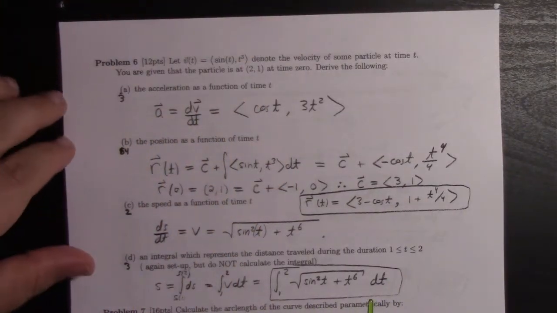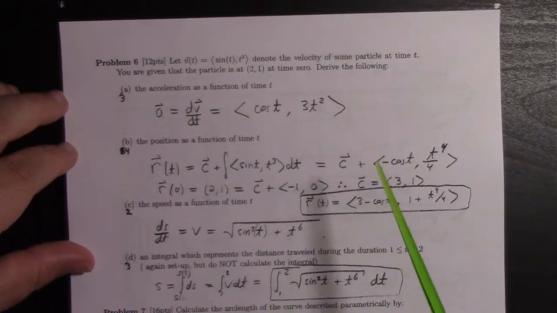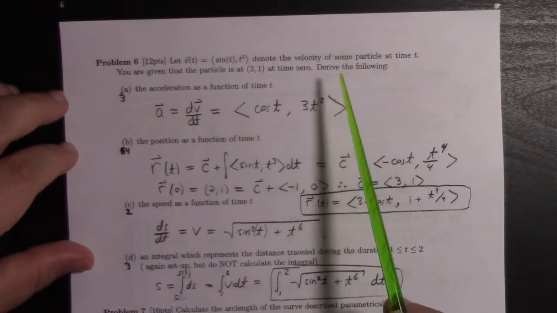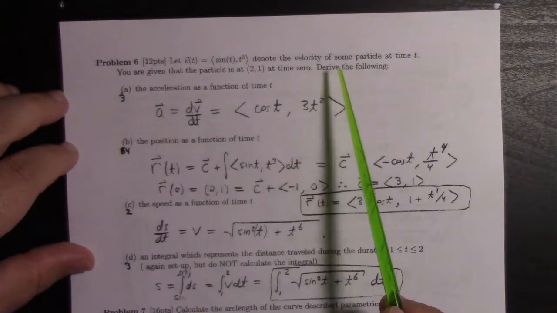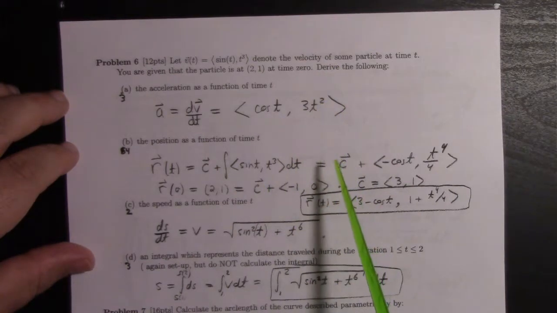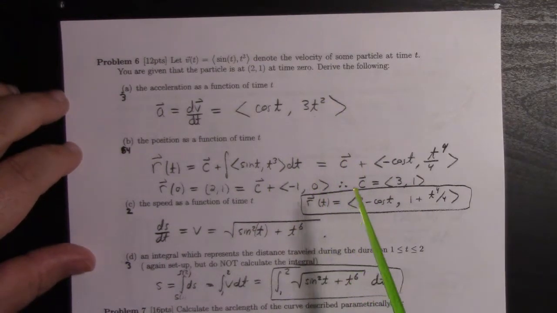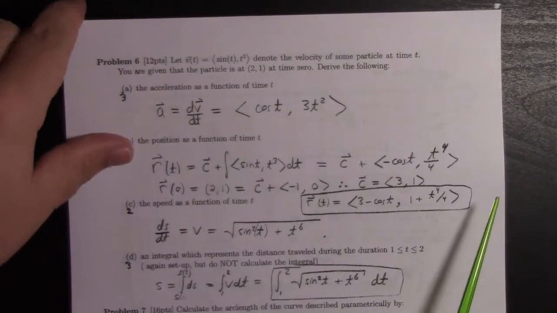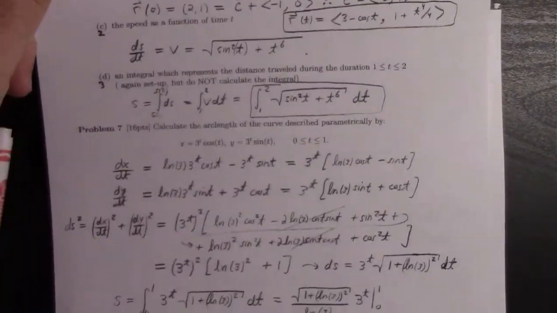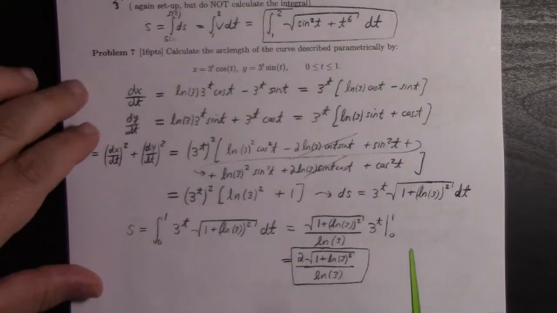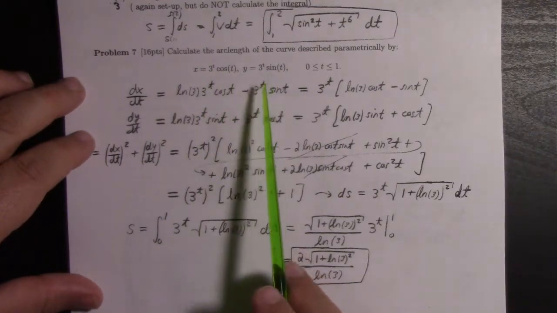Now, here's again that problem I sometimes like to assign where I give the velocity and say define the acceleration and the position, which comes from integrating and differentiating appropriately. And here, find the arc length of this curve. So it's a pretty standard problem.